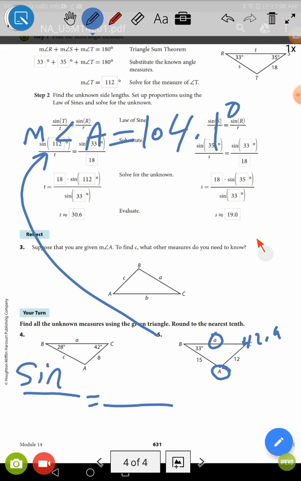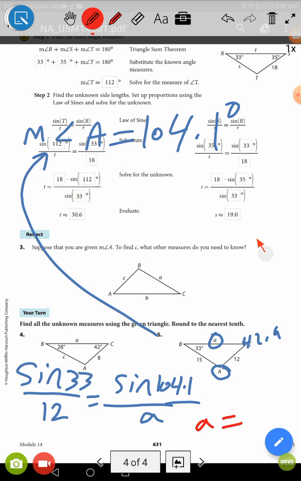Sine B, 33, over its opposite 12 equals sine A, which we found, 104.1, over A. Then cross, so A will be about 21.4. That is it. If you want to know how to find it, multiply 12 by sine 104.1, then divide by sine 33. That will be A.